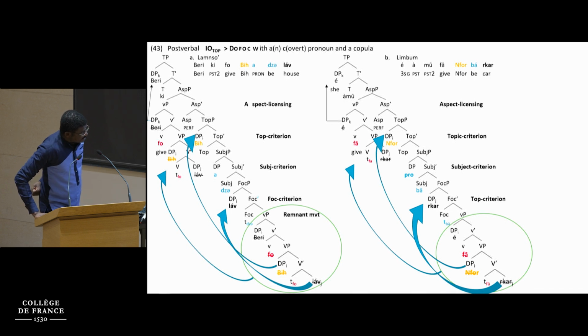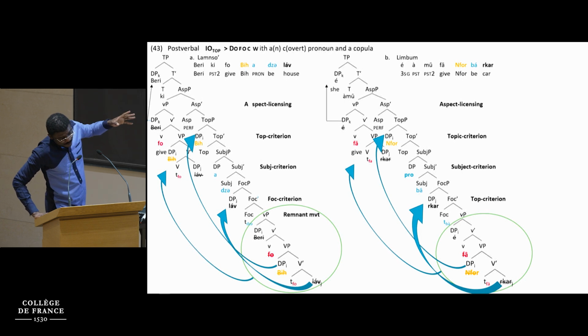In this case, the indirect object here is B. You take B, you send it to the topic position, then you take the house, you send it to the focus position with the same head movement of the copula going up, and now you remain with the verb phrase with the lexical verb that you send up to the aspect position.